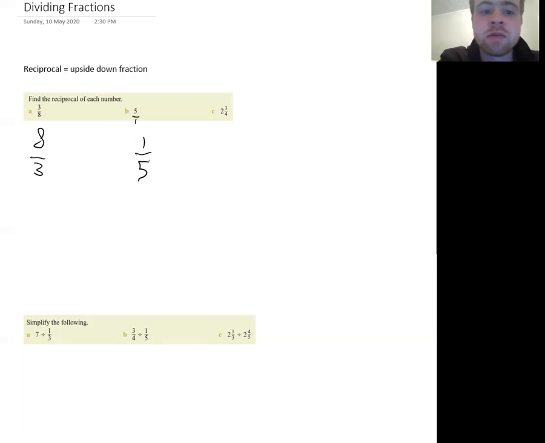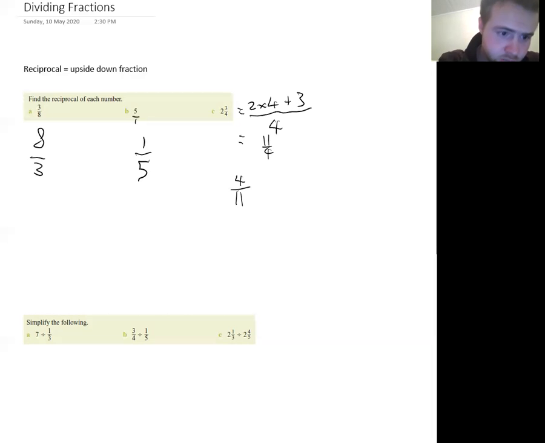Well, there's going to be 2 times 4, and then we've got plus 3/4. So it's going to be plus 3, and that's going to be all over 4. And so 2 times 4 is 8 plus 3 is 11. So we've got 11/4. So the reciprocal is therefore going to be 4/11. Okay, instead of 11/4, it becomes 4/11.